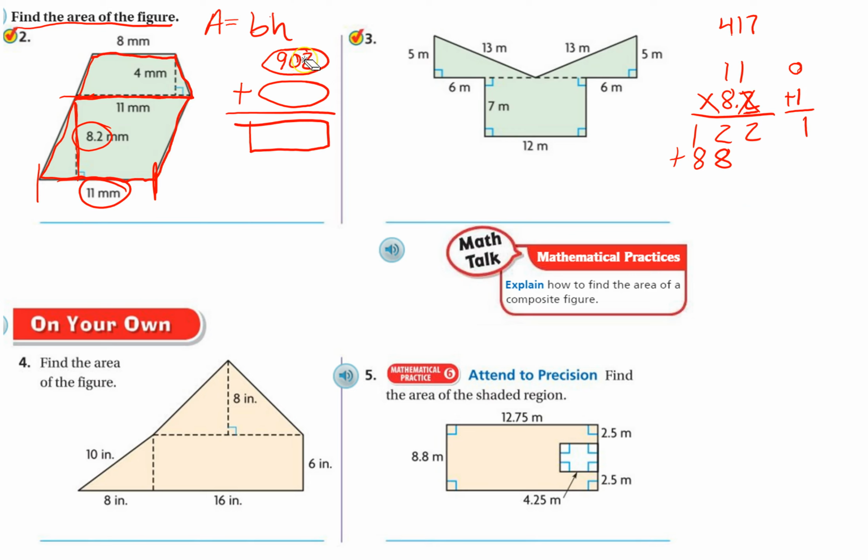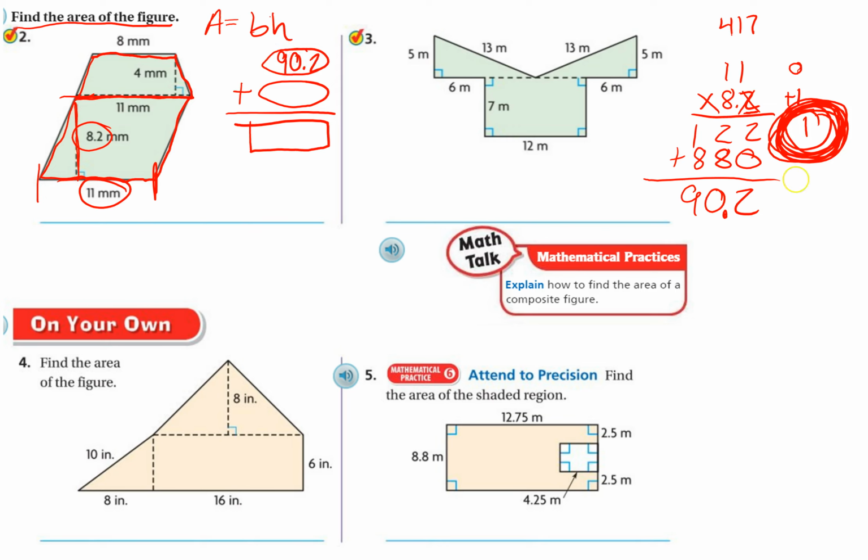Oh, Mr. Music, you forgot to put in your decimal. Goodness gracious me. Hello, Mr. Music. You put it right here. Okay, move it over 1. 90.2. Almost missed that.